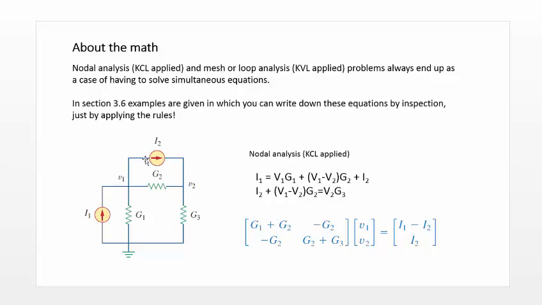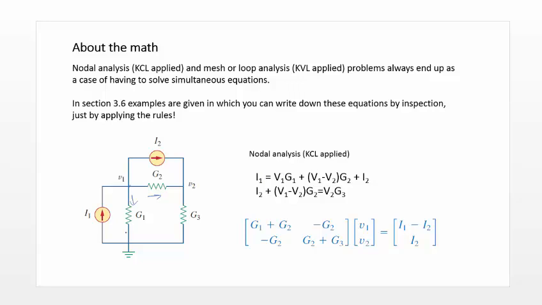So I did that for this problem right here. I actually applied nodal analysis on this equation. At node 1 I have this current going in. I'm going to make some definitions. Let's put current this way, this current this way, and you can see current is this way. So I1 equals the current going out.